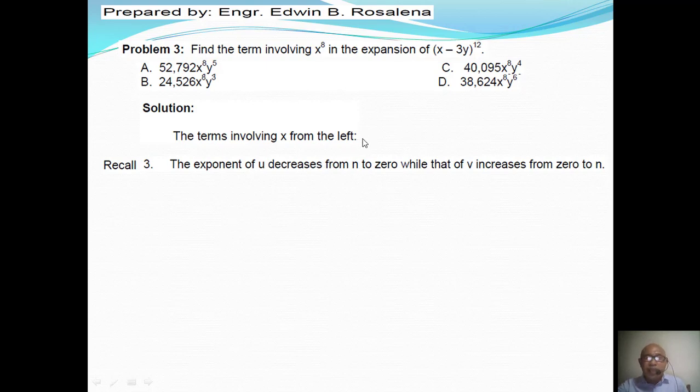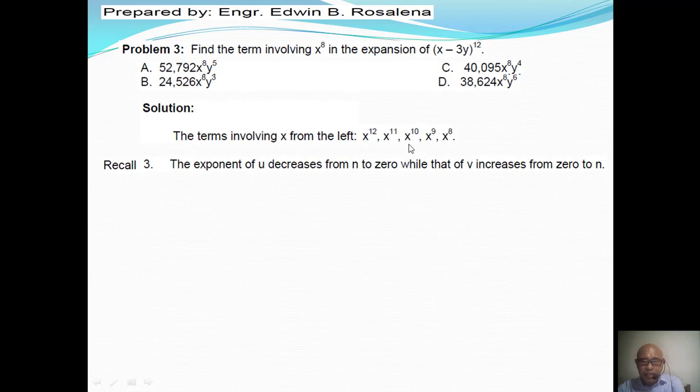So, ang unang term dito, when you expand this, from the left, we have x to the power 12. And then, the exponent decreases from 12 up to 0 as we go through the terms, up to the last term. So, kung i-list down natin hanggang x to the 8, so ito yun. Diba? Yung una, x to the 12. Yung kasunod, that contains x to the 11.